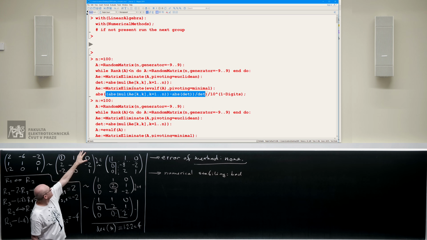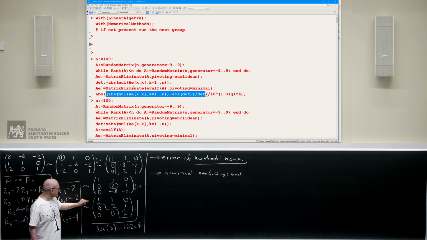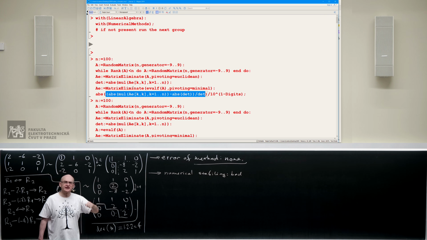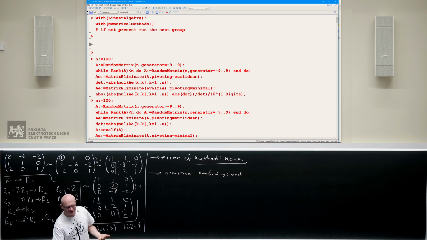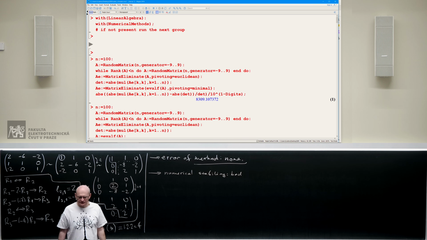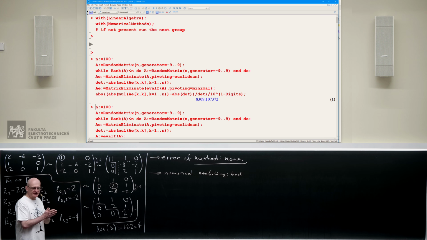So the number which we will see at the end of the calculation is actually how many times the error of determinant, which is some way of measuring error of elimination, is larger than the usual error. And that's what's interesting, because it shows me how the elimination worsened the situation. So let me fire it up. 2, 3, 4 seconds. Okay, so that's an important parameter to keep in mind.